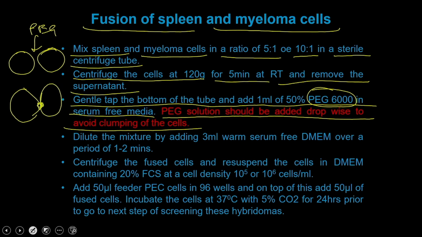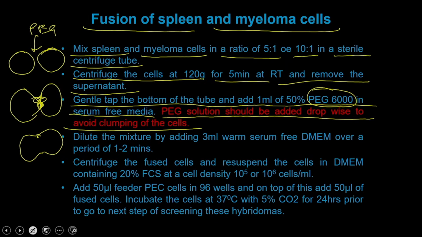At this point these two cells are placed next to each other, and the lipids present here are going to dissolve with each other, and ultimately you get a syncytium. If you do not do this process in a controlled fashion, instead of getting a fusion of two cells, you get a fusion of multiple cells, and that is how you get a clump rather than the fused cells.